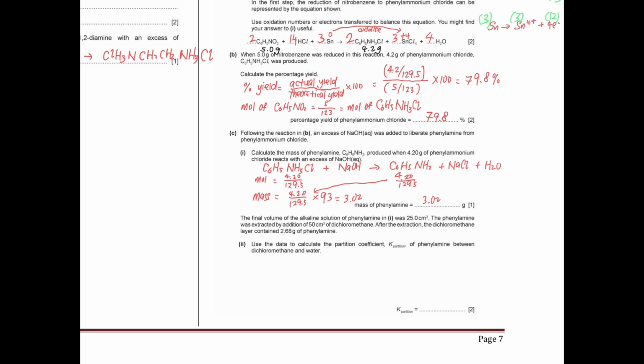Use the data to calculate the partition coefficient, K partition, of phenylamine between dichloromethane and water. Okay, so what happened here is, I try to draw out. Initially, the phenylamine is in the aqueous solution.